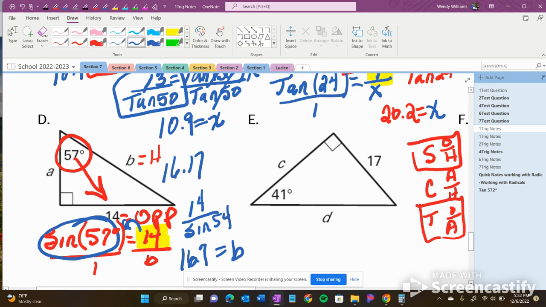Now, we can use a trig function to find A, or we could do Pythagorean's theorem. I'm going to show you on the calculator how to do Pythagorean's theorem, and then I'm going to show you how to use trig to find A. All right, so we're given the hypotenuse.